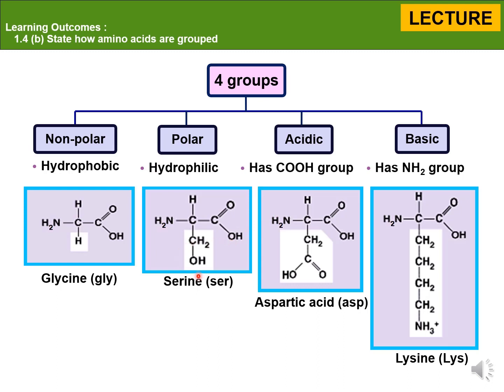The side chain usually has an OH group. Example, serine. Acidic groups have a COOH group or carboxyl group in the side chain. Example, aspartic acid. Whereas basic groups have an NH2 group or amino group in the side chain. Example, lysine.